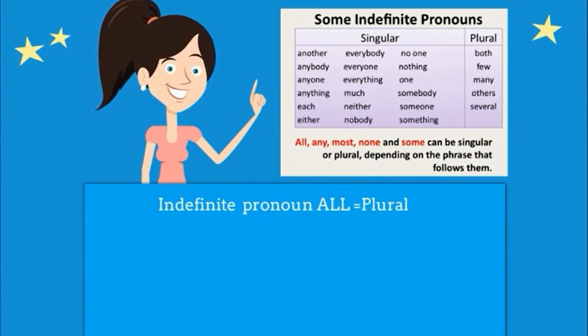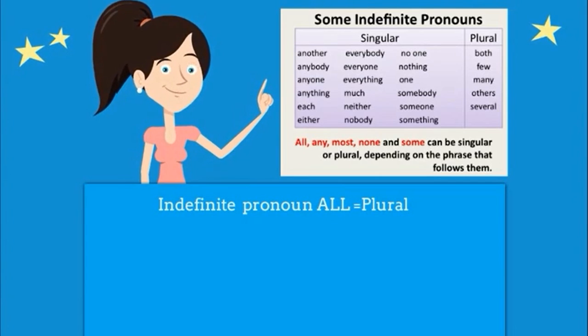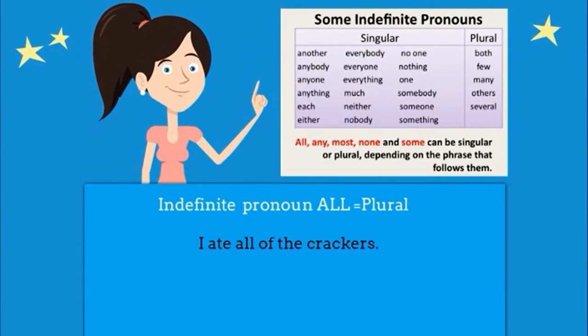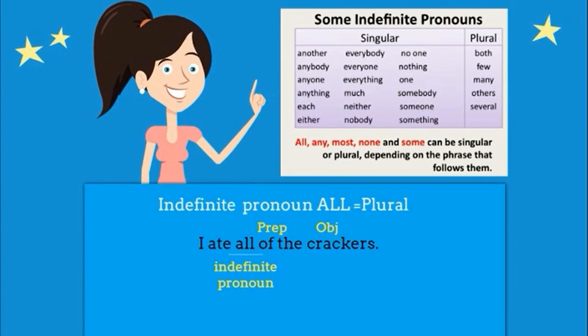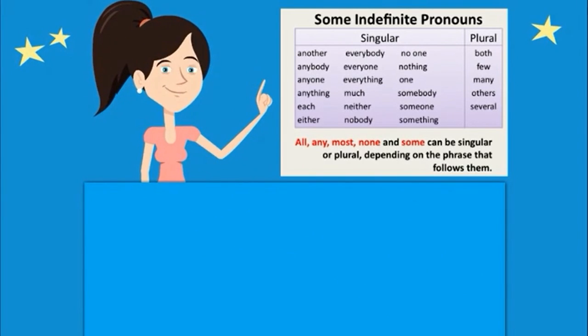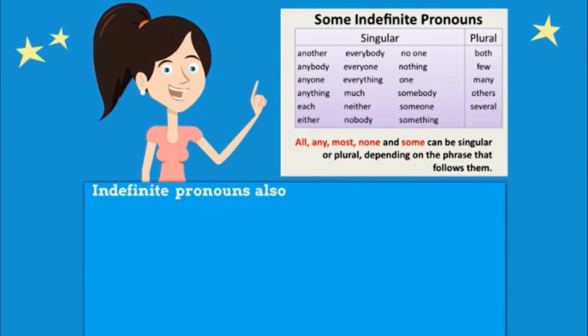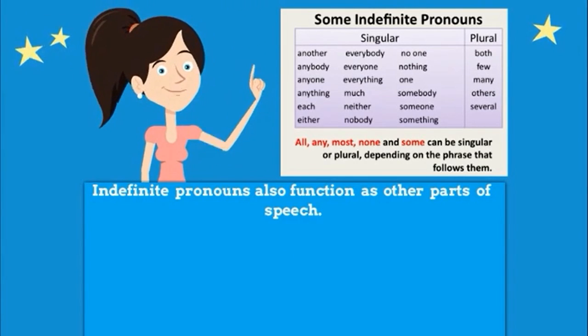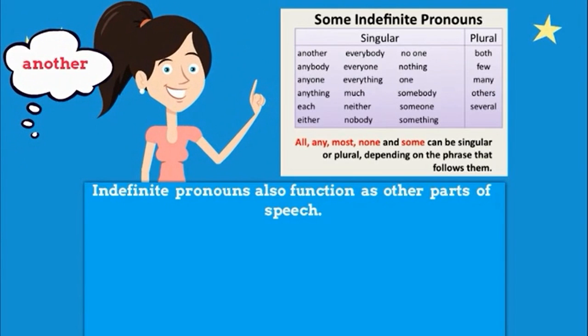Let's look at a sentence where the indefinite pronoun all is plural. I ate all of the crackers. All is my indefinite pronoun, and if I look at the object of the preposition in the phrase that follows, crackers is plural, therefore making the indefinite pronoun all plural. Note that many indefinite pronouns also function as other parts of speech. Look at the pronoun another in the following sentences.